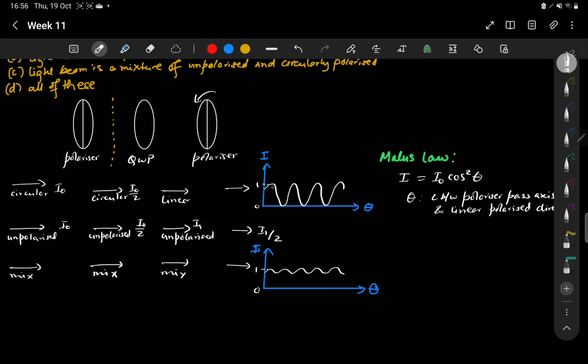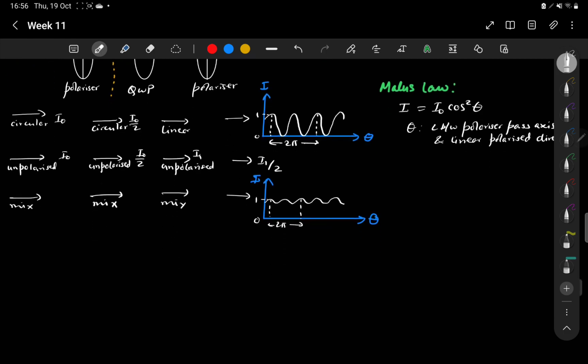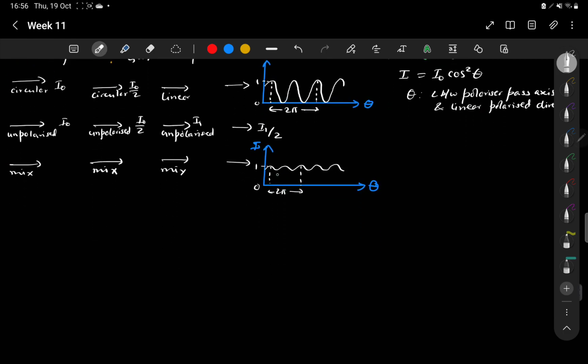And if we see this from here, this peak to this peak is 2 pi, and this peak to this peak here also it is 2 pi. So this does not go down fully to 0.